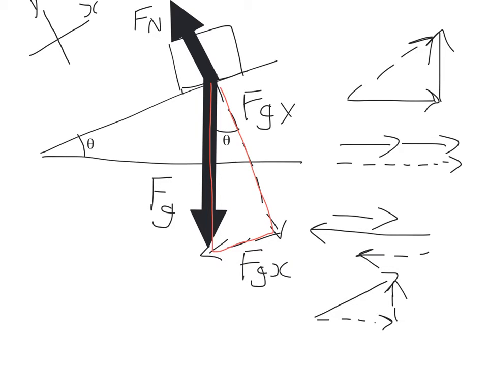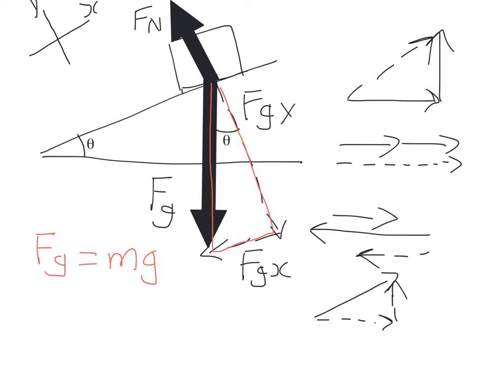Now, provided that we know the mass here, we can figure out what this is, because we do know that Fg is equal to mg. If I know the mass of this, I just multiply it by gravity, and I can figure out how much this is. I'm figuring out the weight. And so if I know what this is and this angle, I can use trigonometry to figure out Fgx and Fgy.